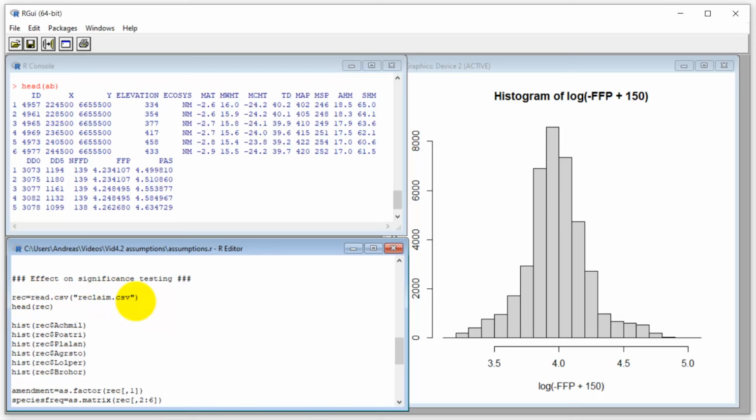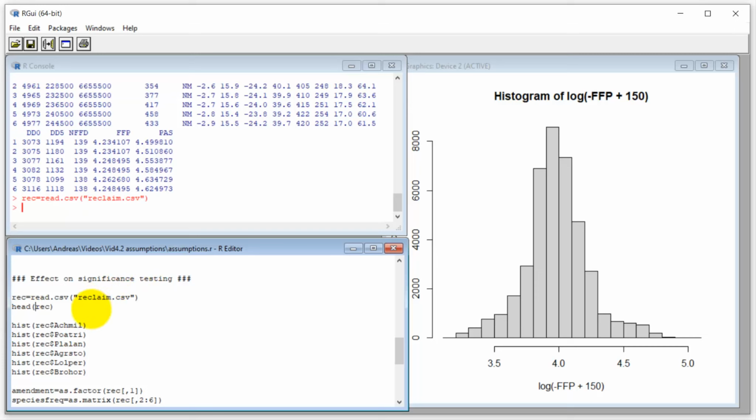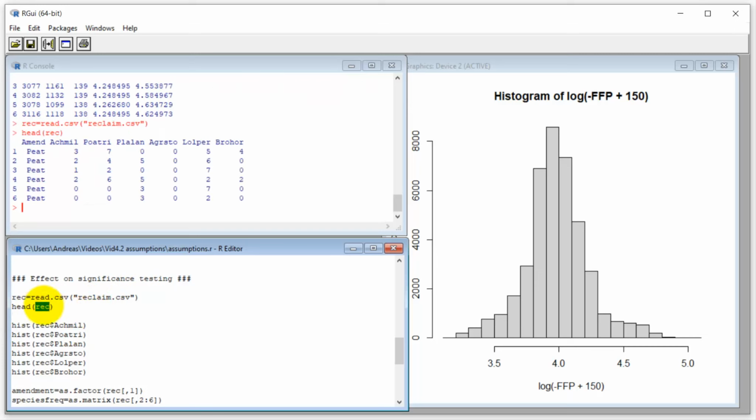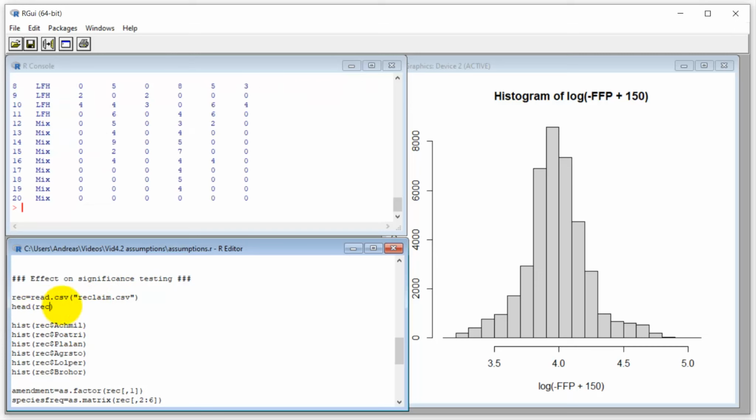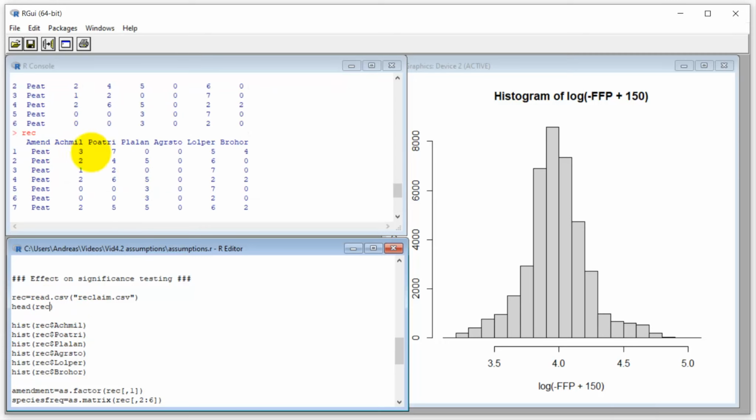We can look at this here with a simple example that we pick up later again. So this is a reclamation data set, and we can actually look at the entire data set here. This is a data set from a reclamation experiment. So it's a site where we're trying to grow a bunch of plant species, and in order to facilitate this, we have different soil amendments.